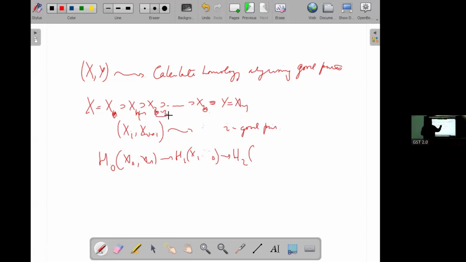I'm getting something wrong. All I wanted to say is that you can write a certain complex by using the boundary maps: H_{n+1}, H_n, H_{n-1}, H_{n-2}, and so on.